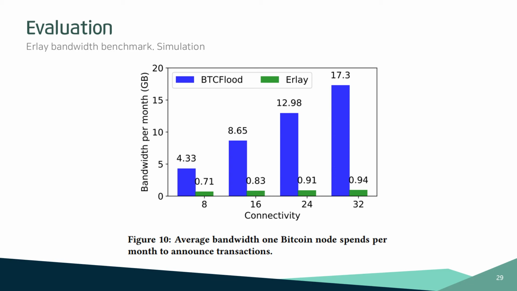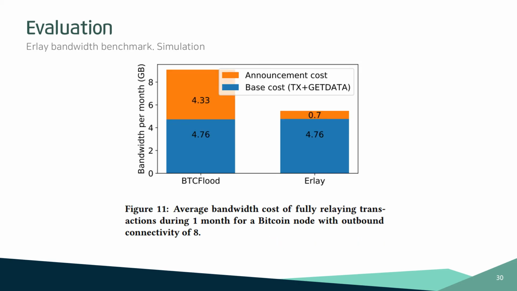However, with Erlay, bandwidth consumption grows significantly slower, like this, and Erlay simply embraces higher connectivity, which allows for better security. In fact, if applied to current Bitcoin, Erlay accounts for only 20.8%, while BTC flood accounts for 47.6% of this size.